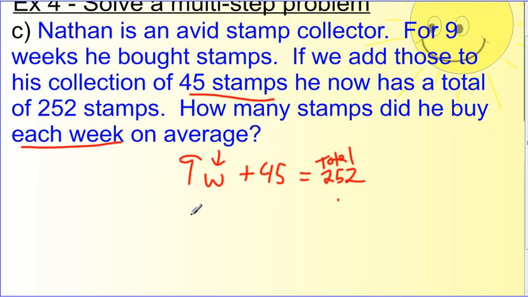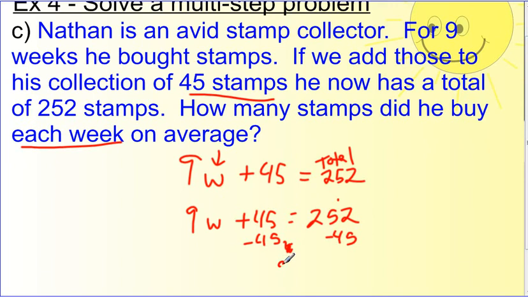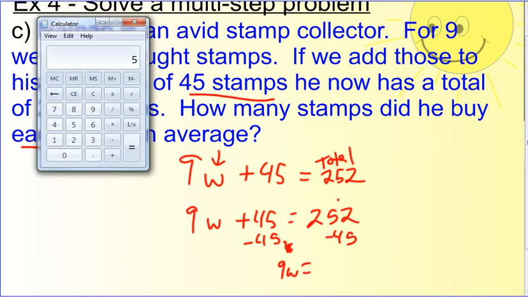Okay, so 9W plus 45 equals 252. We're going to subtract 45. We get 9W equals 252 minus 45, which equals 207.